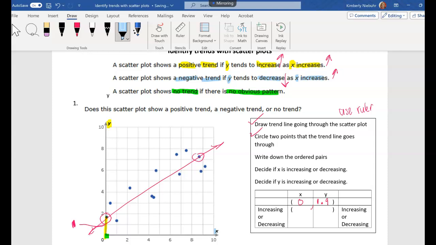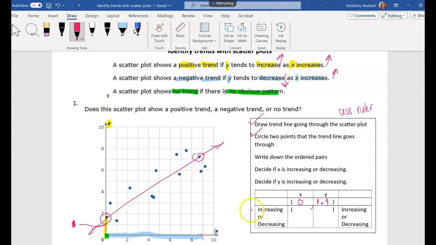So we're doing X, and we're doing this point right here. So I'm starting at 0 on the left side. I'm going all the way to the point, and then I'm stopping. And I'm going to look here on the x-axis. It's between 8 and 10.